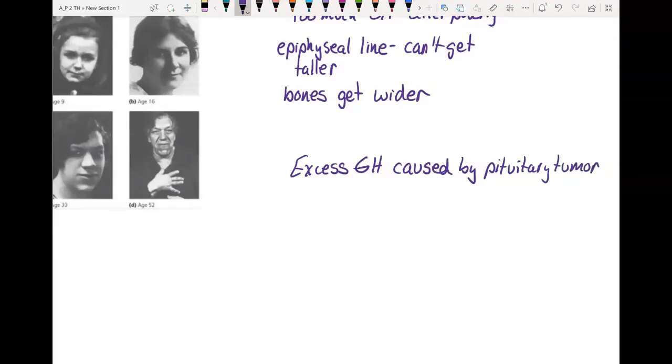And today we have medical treatment for this. So Robert's record still holds, and it will probably continue to hold, because today when kids get this condition, they're able to get treatment for it so that they don't grow to be 9 feet tall and have all the pain and problems that Robert had.